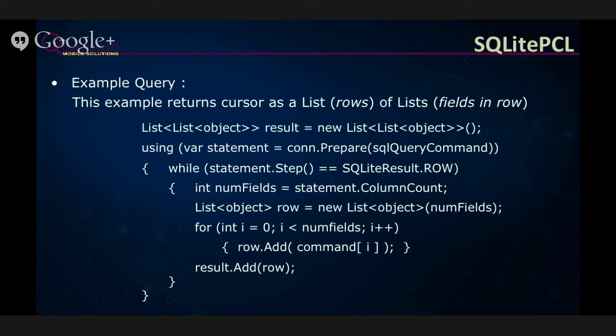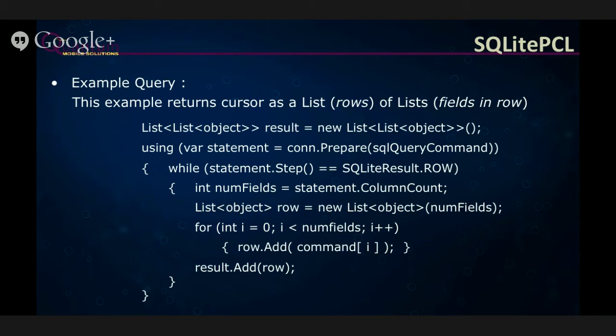So talking about queries, how do queries get information back? As I said, when it runs the query, you have to run each step. When you prepare it, it actually runs the query in the background, and then you tell it to step through the results, and it will populate the statement object that you've used.